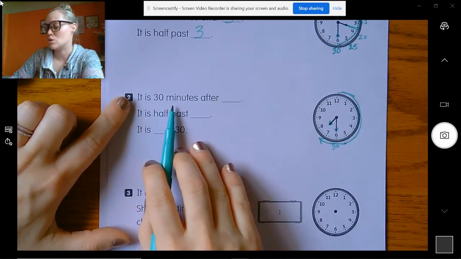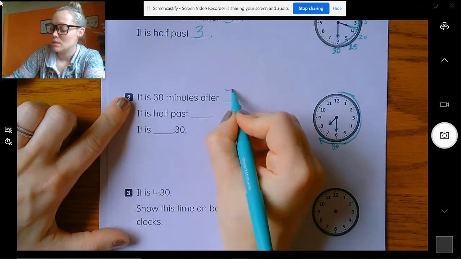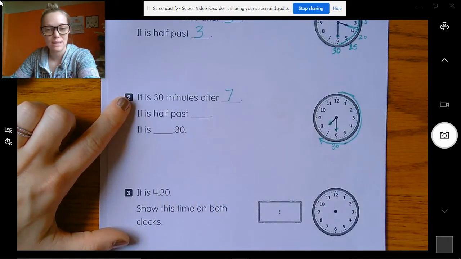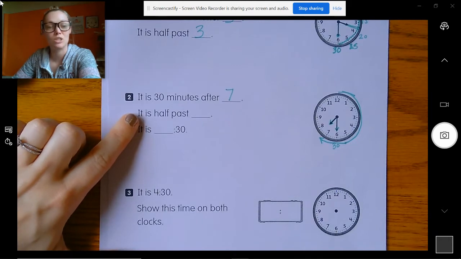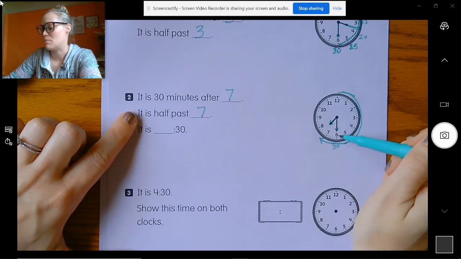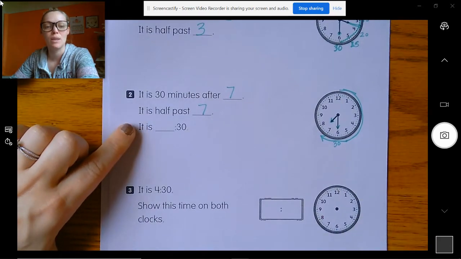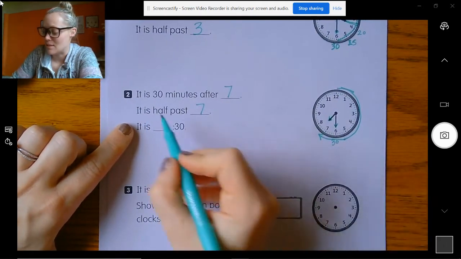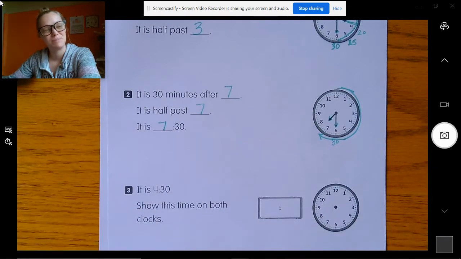So it is 30 minutes after 7 because it hasn't hit the 8 yet, which is also half past 7 because my minute hand went halfway around the clock. It is 7:30.